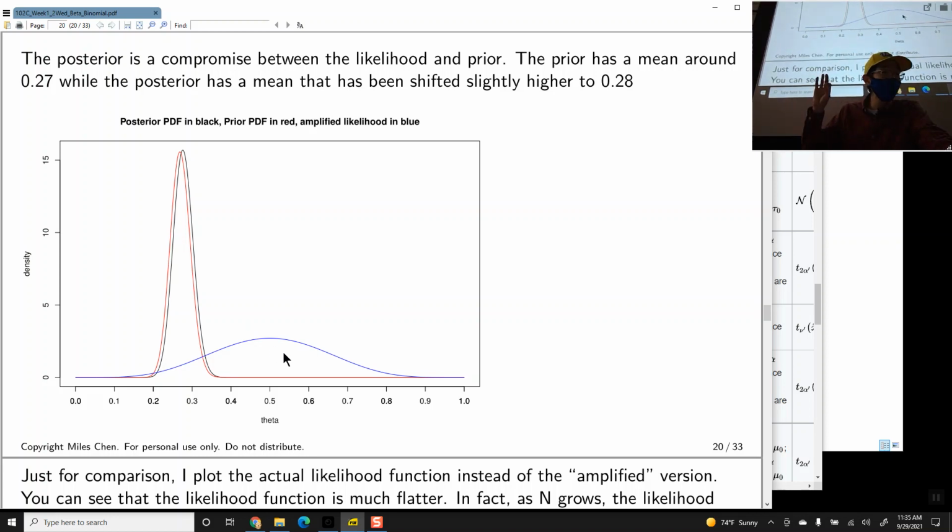That's not the true likelihood. Again, likelihoods don't integrate to 1, but here I've scaled it for you to see. And so you can see the red line is the prior, the blue is the likelihood, and the posterior is a compromise between the red and the blue.